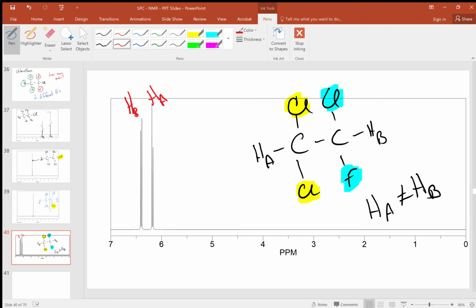But now there's another question. Each one of them is showing up as 2 peaks. Why is that?